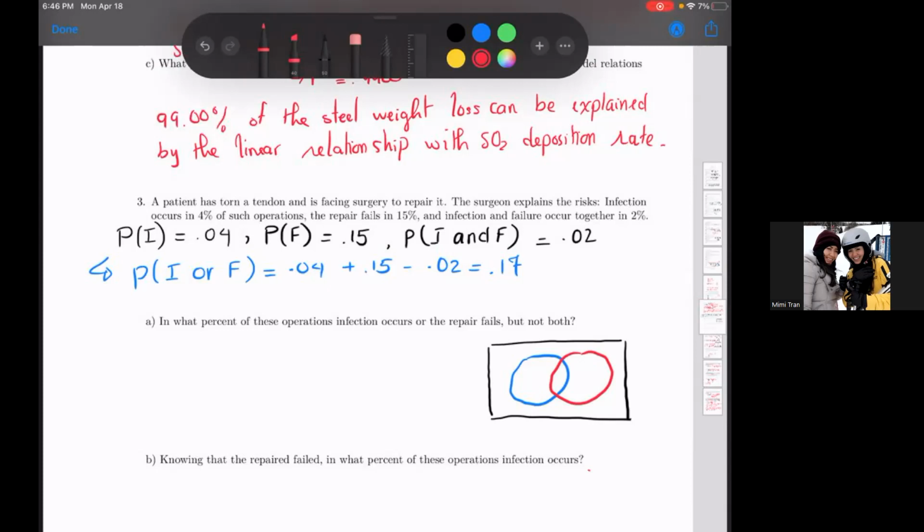If I give you two circles and it says or, then you shade the whole two circles, right? But it says, but not both. So shade everything else here, but leave a little middle part. I'm going to shade it in yellow.